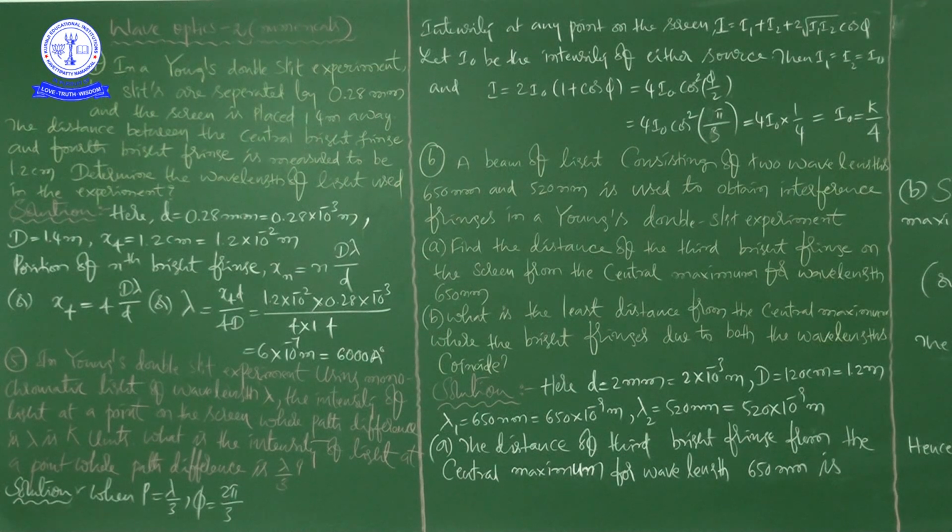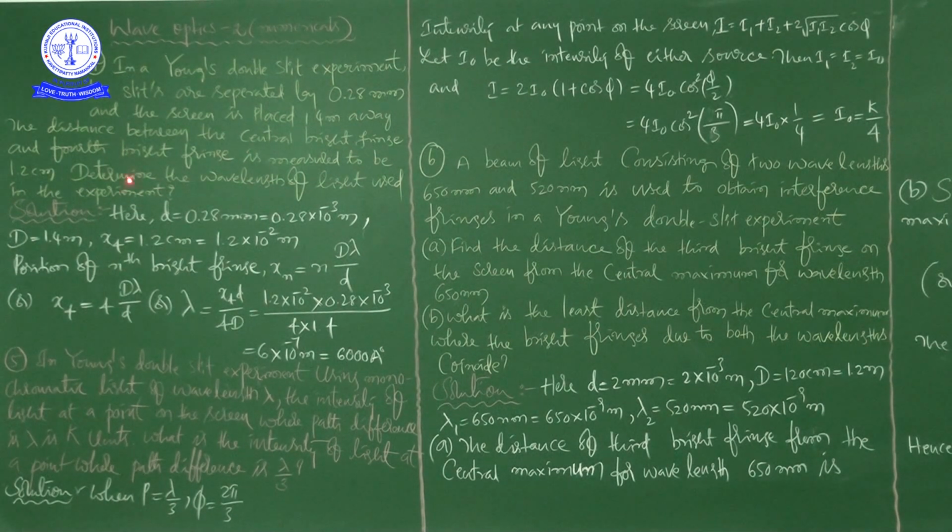The slits are separated by 0.28 millimeters and the screen is placed 1.4 meters away. When he gives this information, immediately you have to catch that small d is 0.28 millimeters and capital D is 1.4 meters.